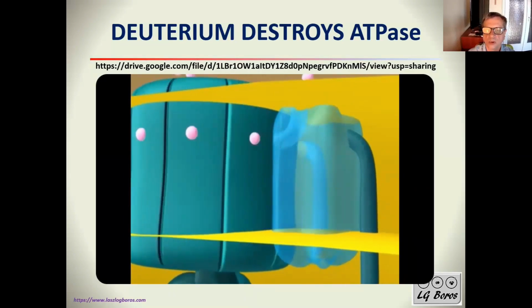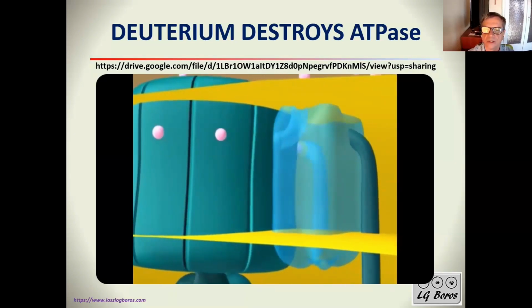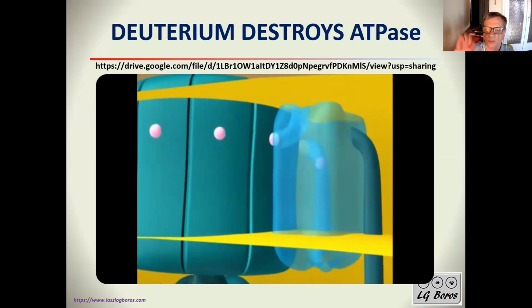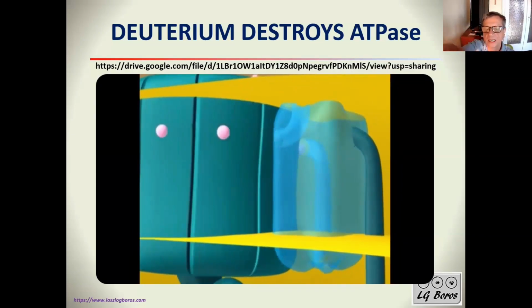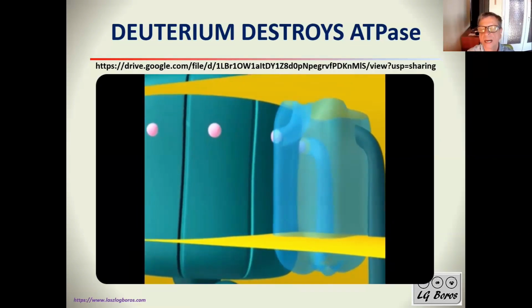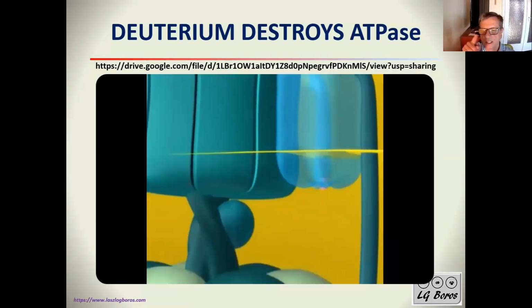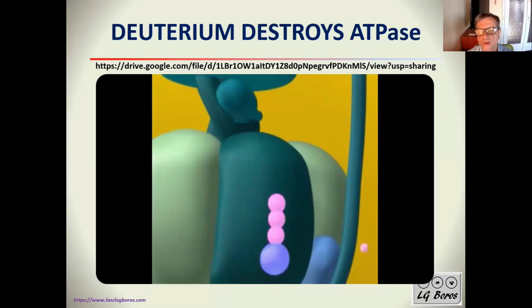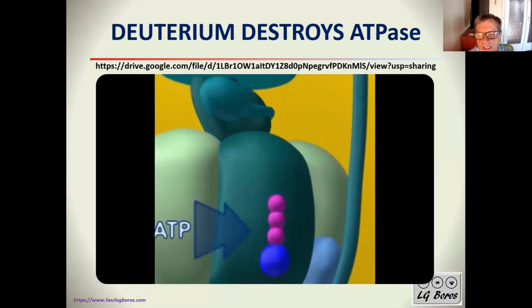The protons arriving from the intermembrane space through a short tube attach to the side of this nanomotor, and on the other side, when they spin around powering the nanomotor, they roll into the matrix, where you can see ATP synthesized.